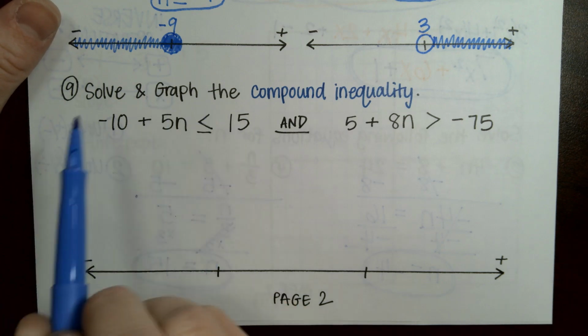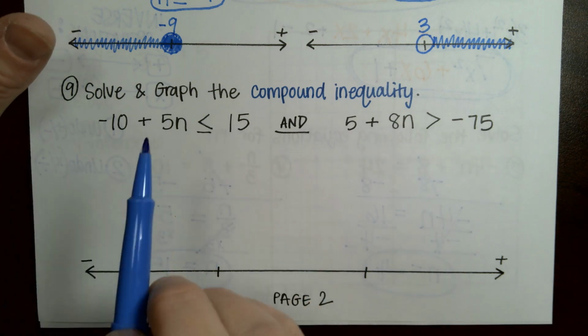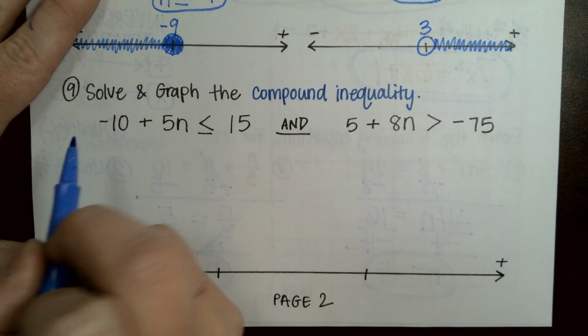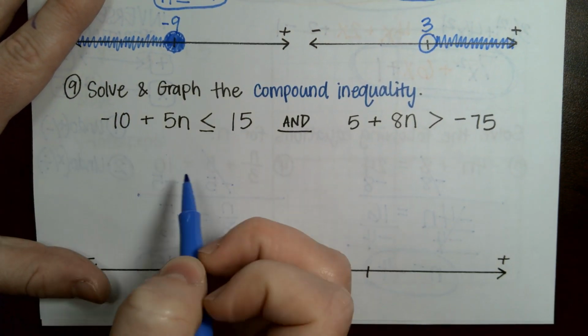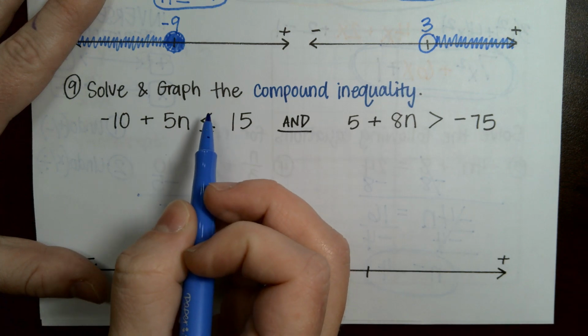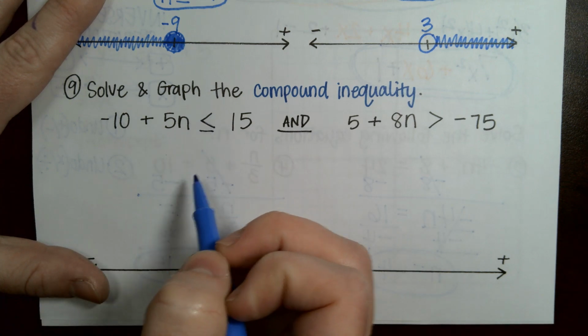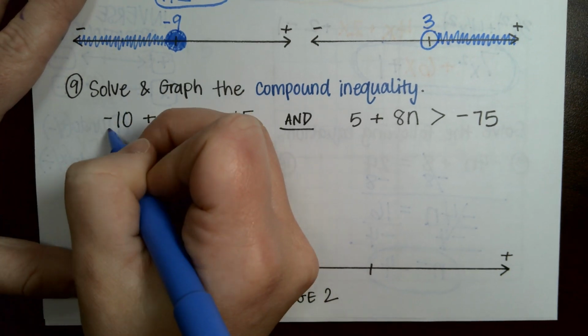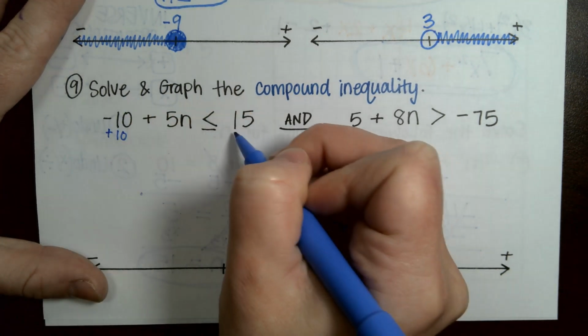Whenever we want to solve and graph a compound inequality, what do we really need to do first? Yeah, we need to be solving both of these and make sure that we know what our value for n is. So let's just go left to right. We'll start here with this one. We've got negative 10 plus 5n is less than or equal to 15. What's my first step? Plus 10. Yes, add 10 to both sides.